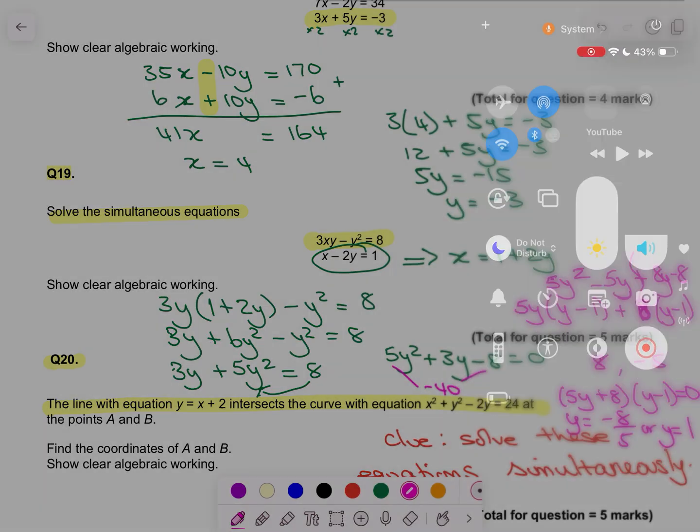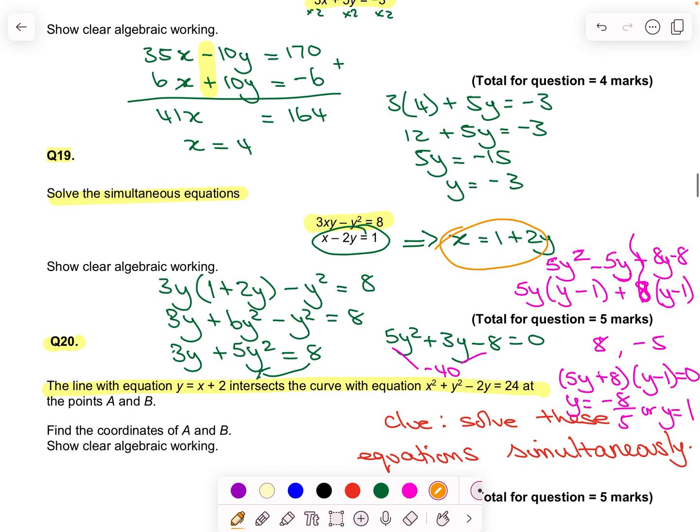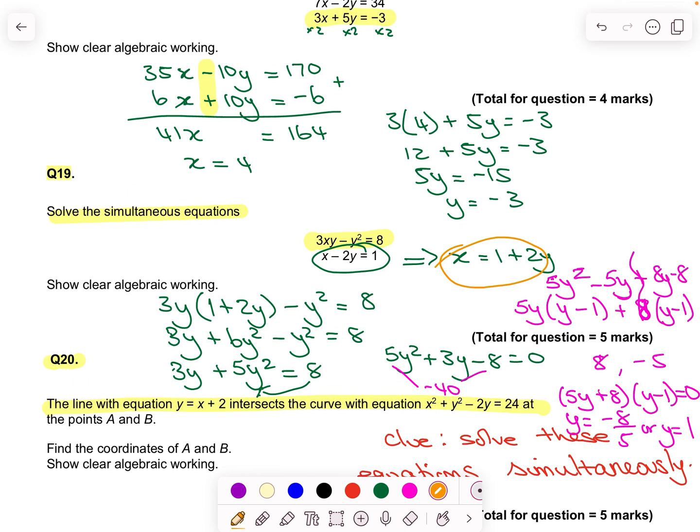So that's not the end. We need to go back into this one here and find our x values. Sorry, I am running out of room, but hopefully you're still following this. So I'll put my x values up here. X equals 1 plus 2y, so minus 8/5 for the first one.